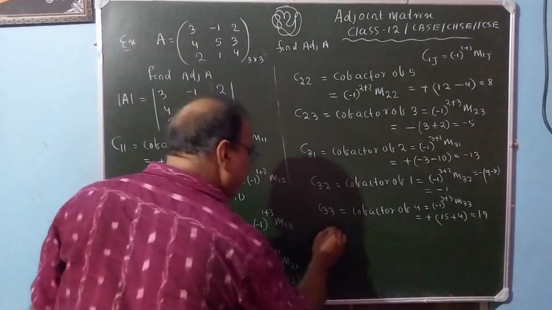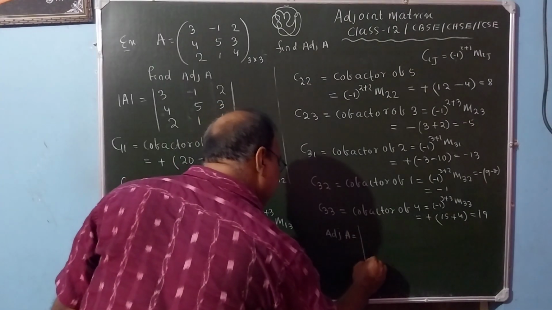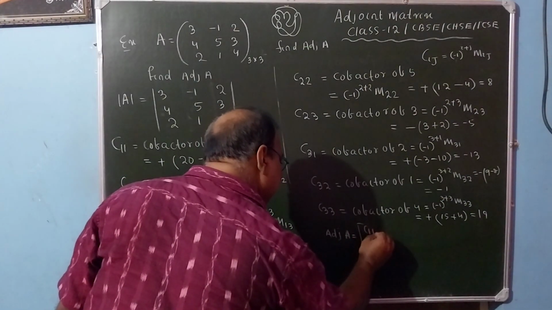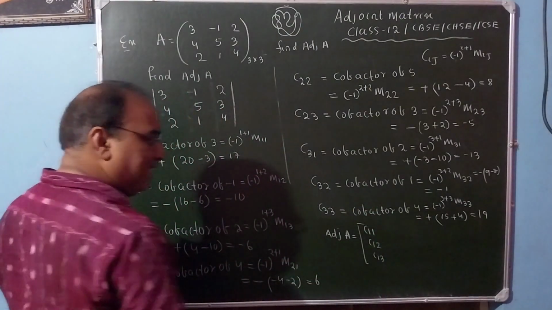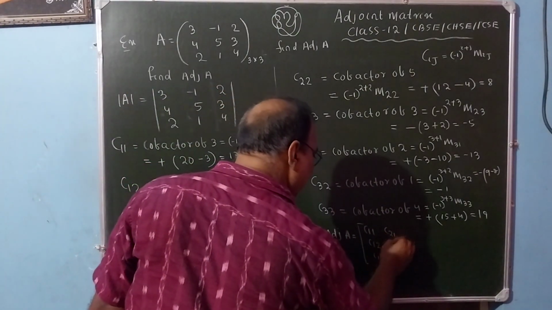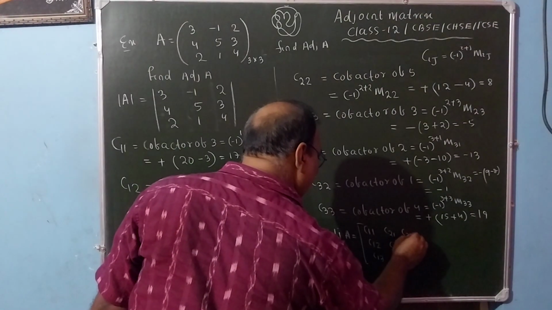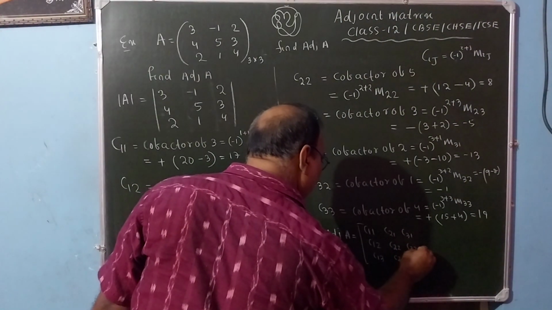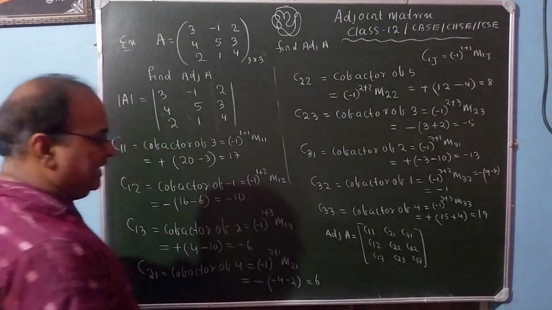So adjoint of A, directly write down adjoint of A. Transposing the cofactors means this C11, C12, C13, C21, C22, C23, C31, C32, 33. Directly I am transposing it.